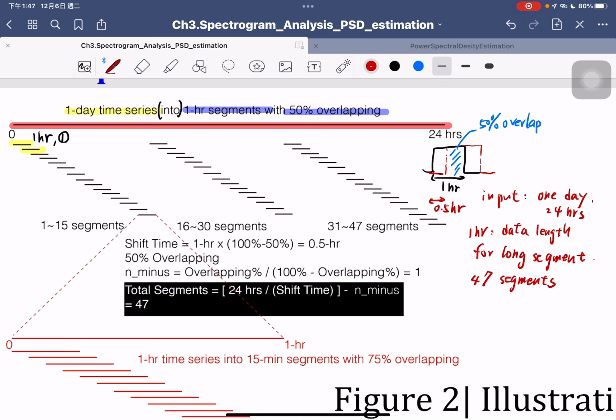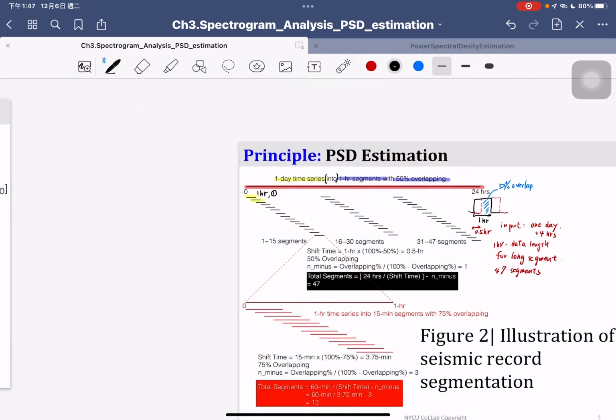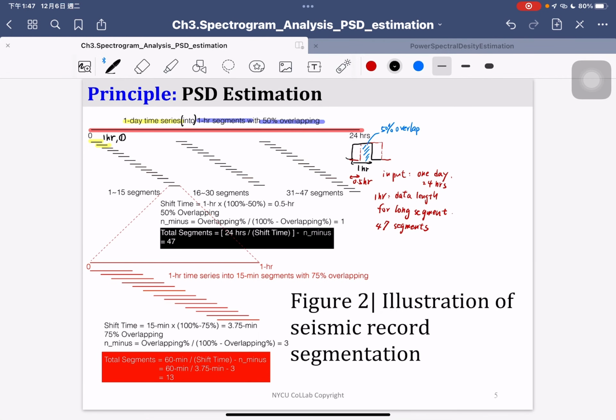But right now the difference here is that the overlapping is not 50%. I change it to 75% overlapping. So what does that mean? Right now I know that this is my first window, and the window length here is changed to 15 minutes.